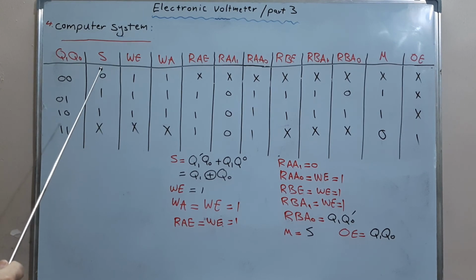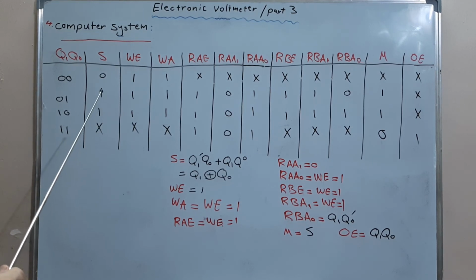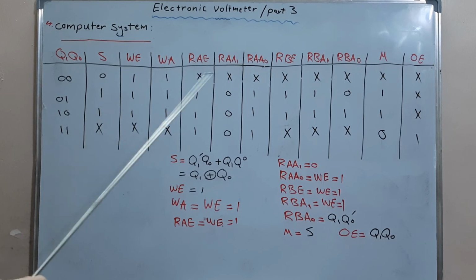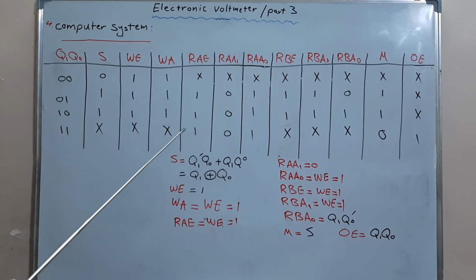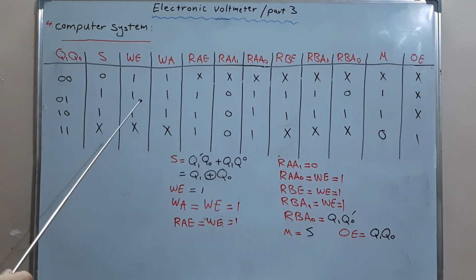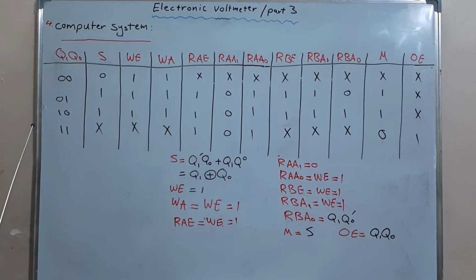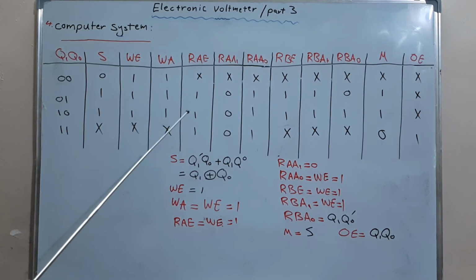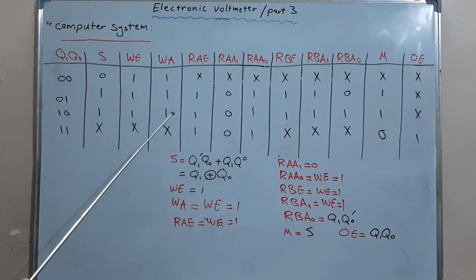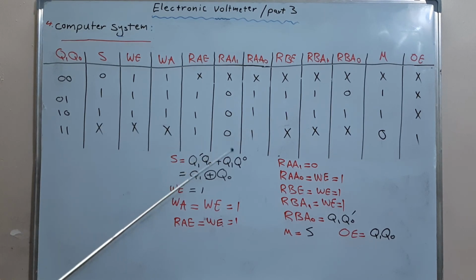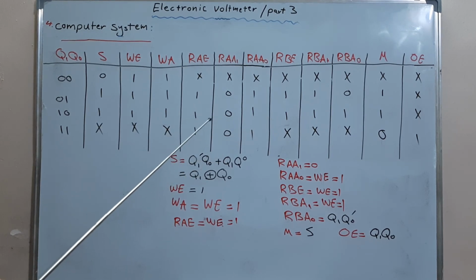By putting WE and WA equal to 1 and 1, the value of multiplication will be stored in the second location.